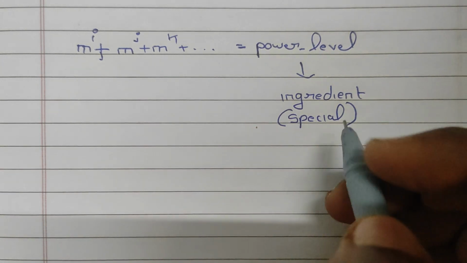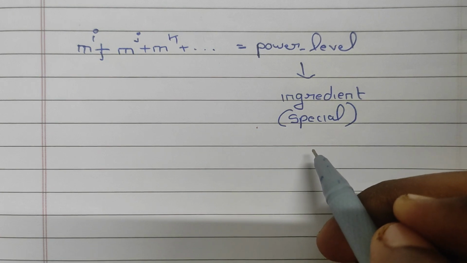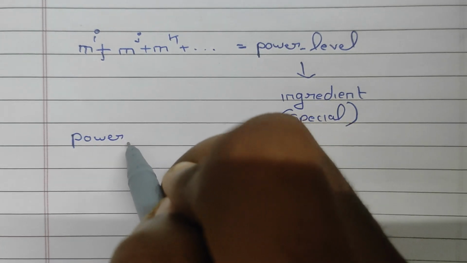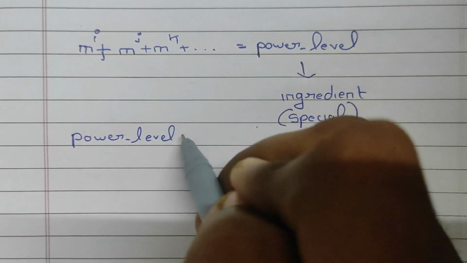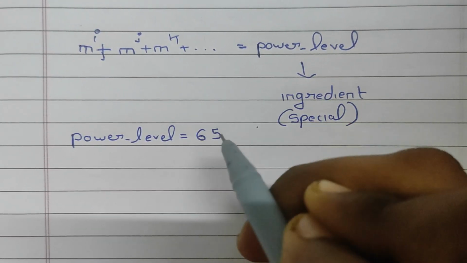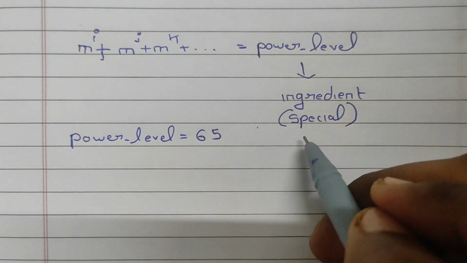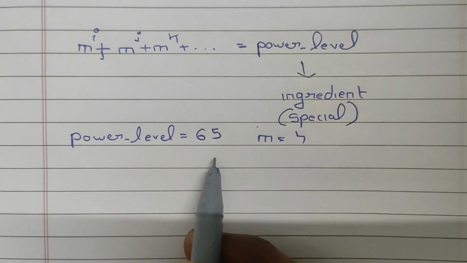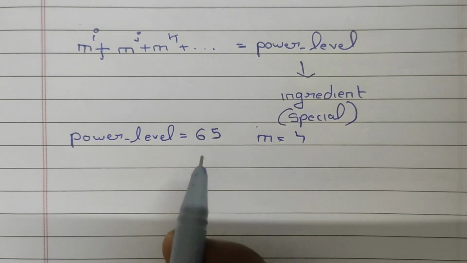For example, suppose the power level that is given to us is equal to 65, and suppose m is equal to 4. Is the ingredient which has this particular power level special?